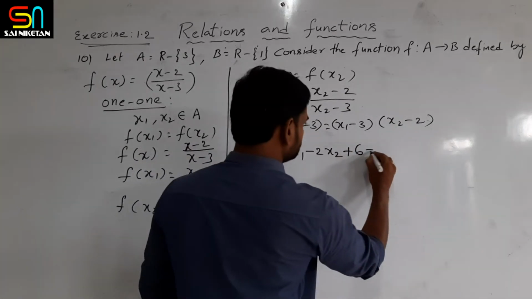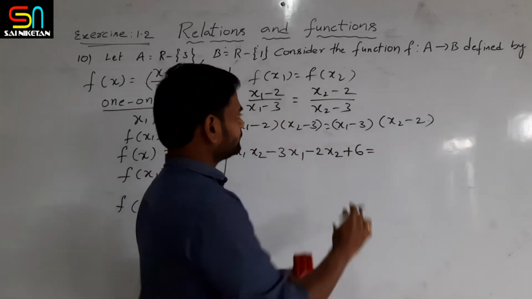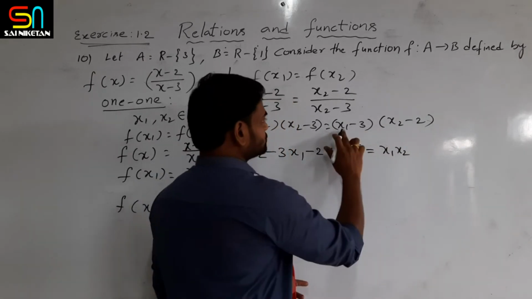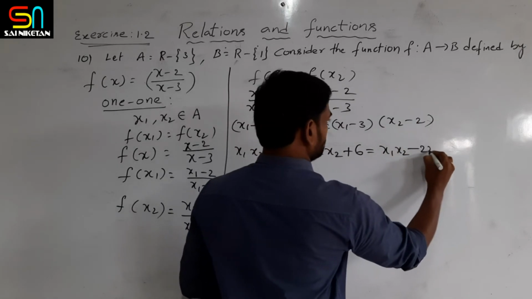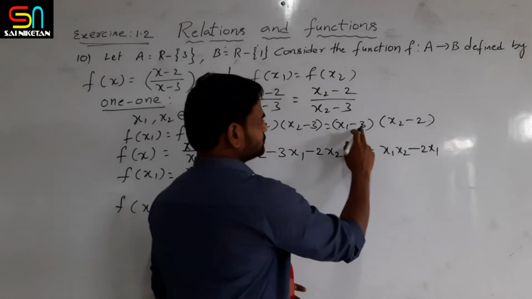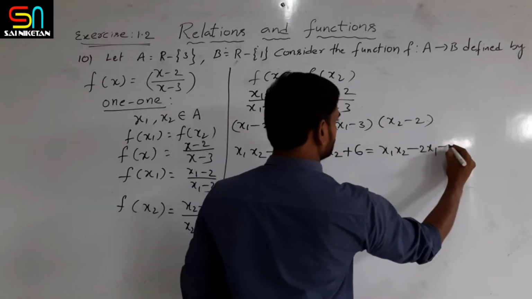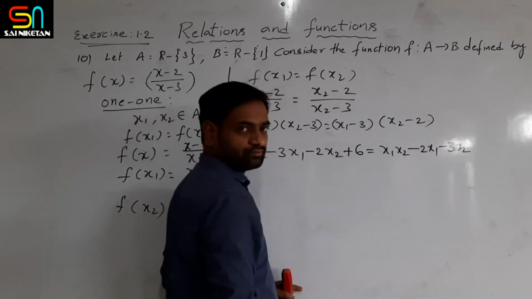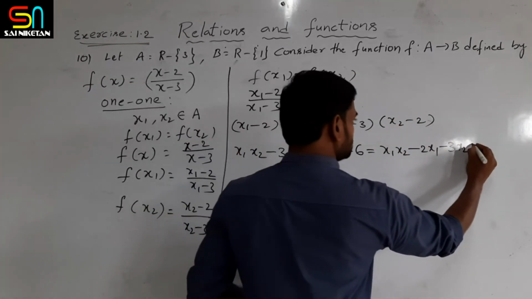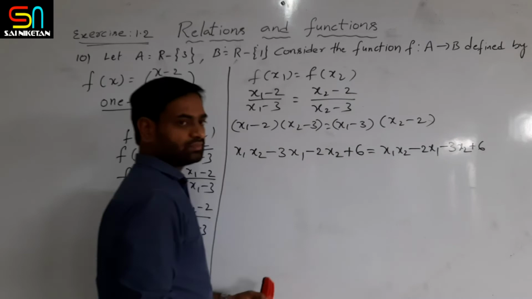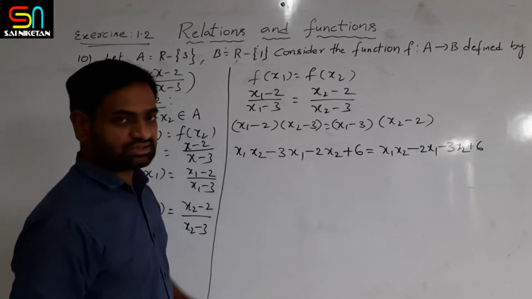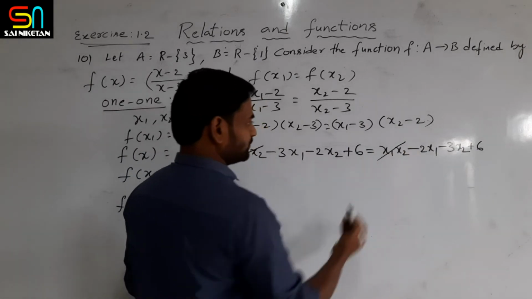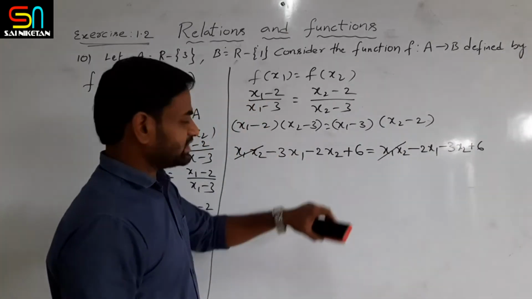It is equal to, now this one also: x1 into x2 is x1x2, next x1 into minus 2 is minus 2x1, next minus 3 into x2 is minus 3x2, minus 3 into minus 2, minus into minus is plus, 3 into 2 is 6. Now on both sides, whatever cancellation comes, x1x2 and x1x2 both will be cancelled.